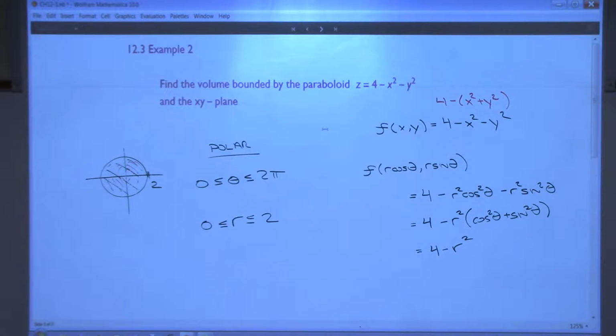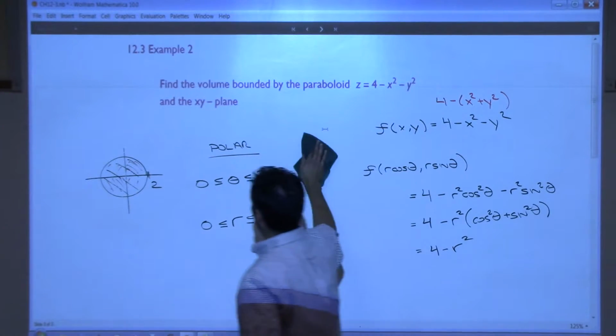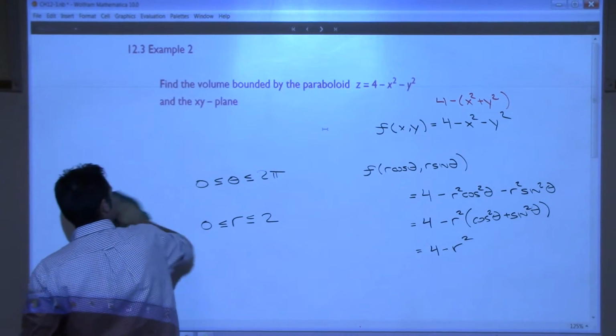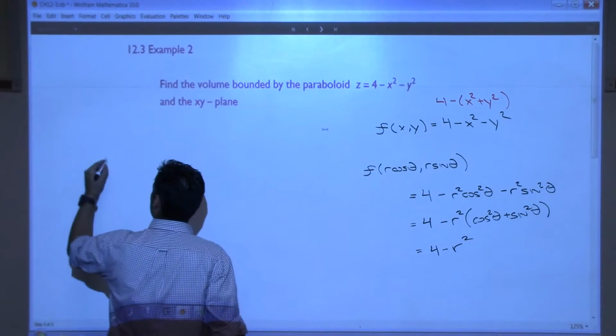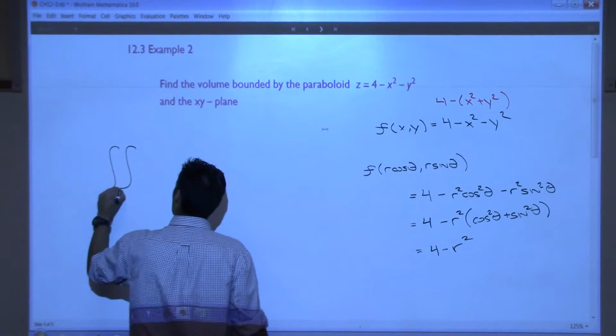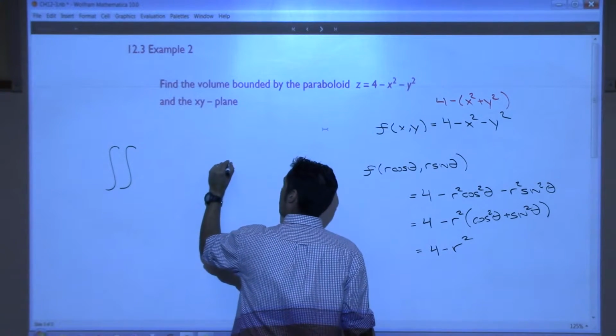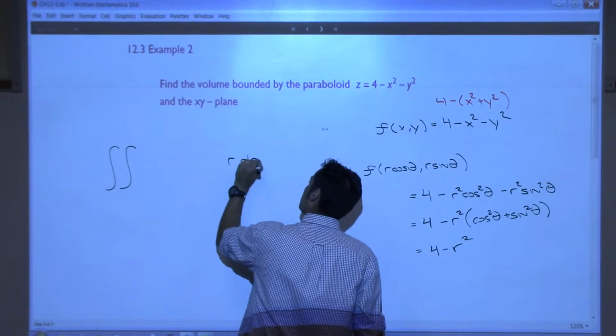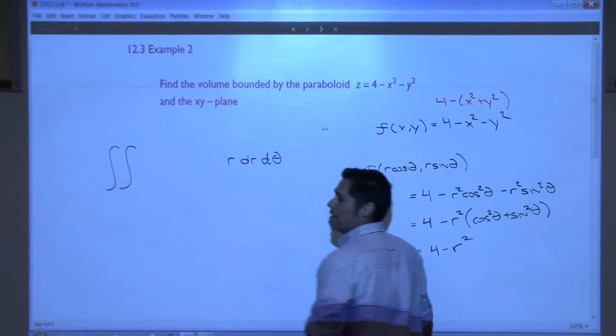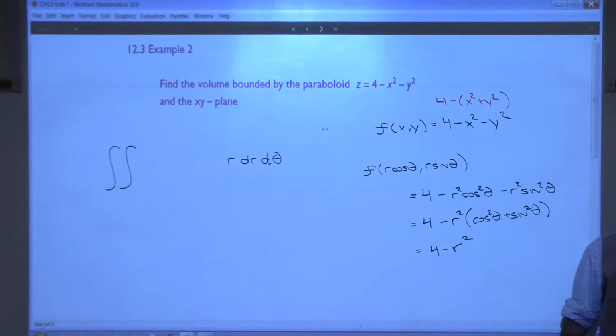All right, so you ready to set this double integral up? I'm going to go ahead right now and write r dr d theta, because I know when I go to polar, I'm always going to have r.